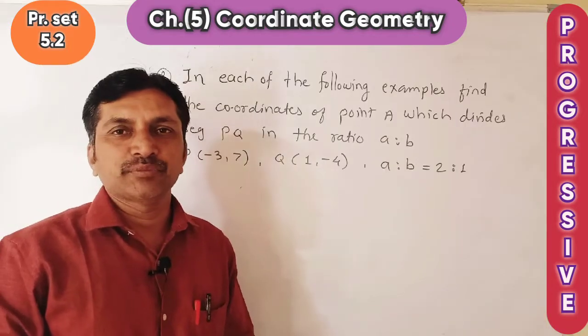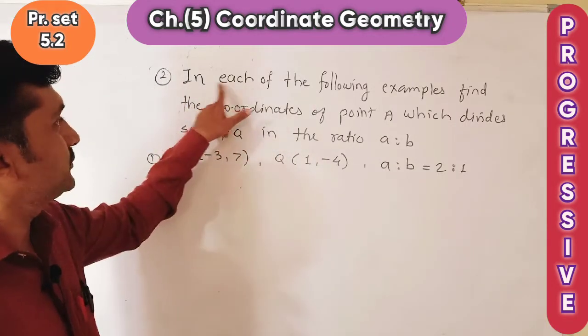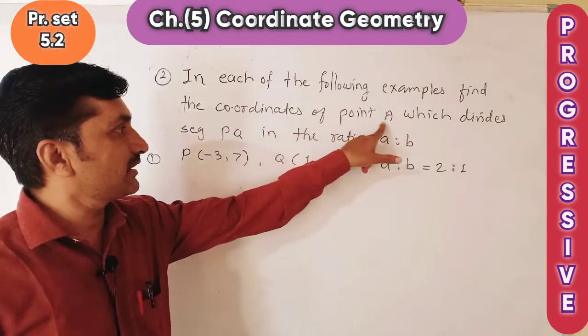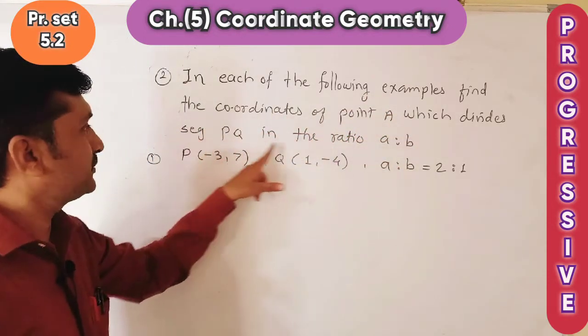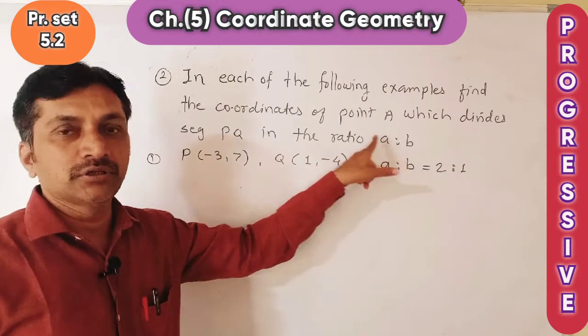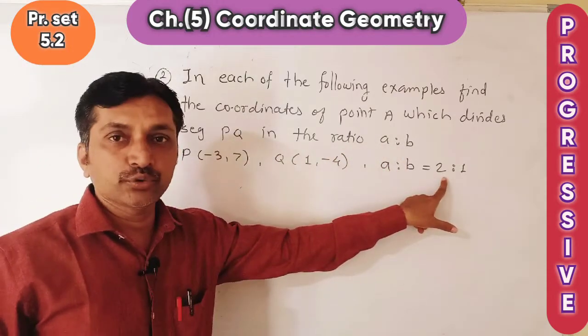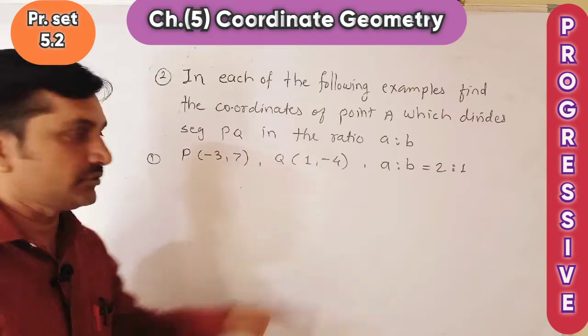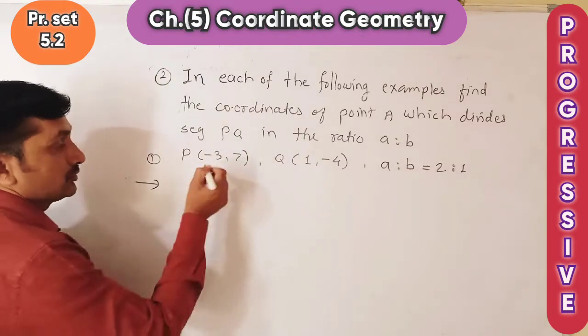Let's see example number 2. In each of the following examples, find the coordinates of point A which divides seg PQ in the ratio A is to B. The ratio is given 2:1 and the coordinates of points P and Q are given. Now solution.